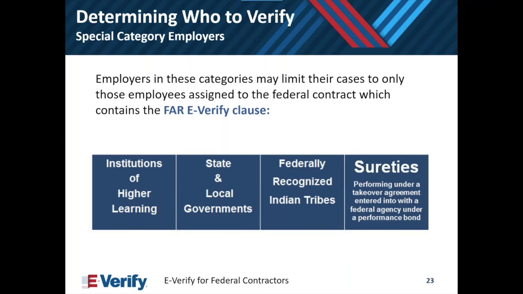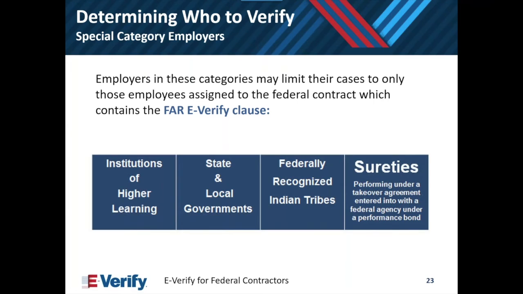So I know that probably sounds kind of similar to what we already talked about, where you run cases for your new hires as well as employees assigned to the federal contract. But the difference here is that if you fall into a special category, you're allowed to limit those new hire cases. If you don't fall in a special category, it's all new hires. You're creating cases for all new hires, whether they're working on that federal contract or not.